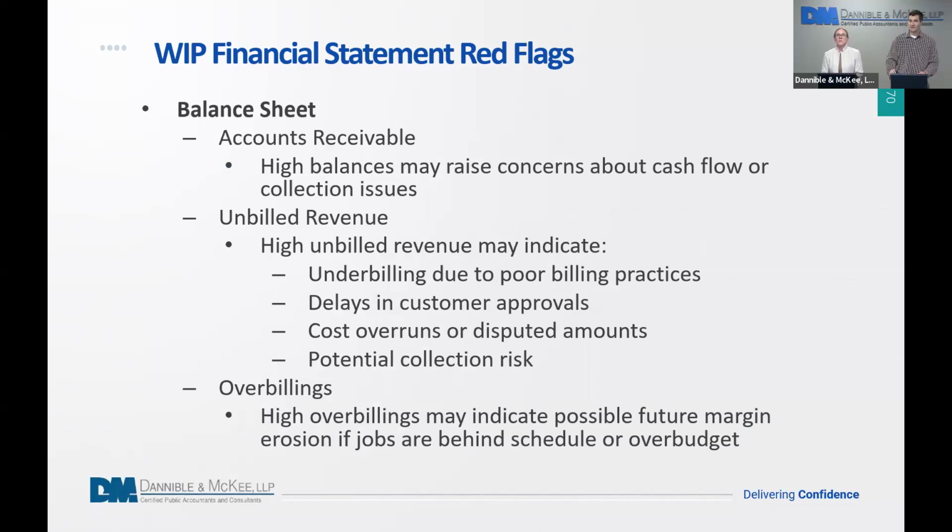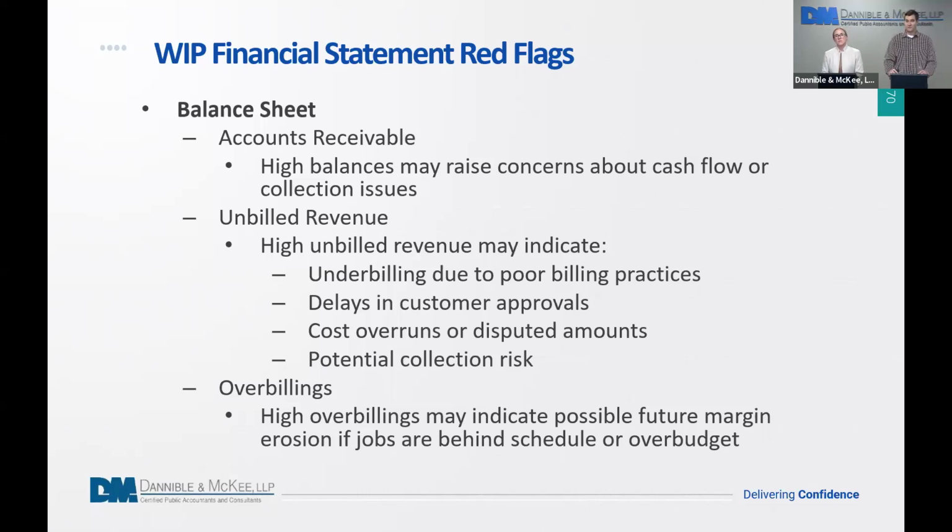So, some financial statement red flags. On the balance sheet, do you have a high accounts receivable? Is that going to cause concerns about cash flow or collection issues? Again, unbilled revenue, that contract asset we talked about, costs in excess of estimated earnings on uncompleted contracts. A high amount there may be indicative of poor billing practices at the company, delays in customer approval, or cost overruns being disputed by the client, who aren't going to be willing to pay.